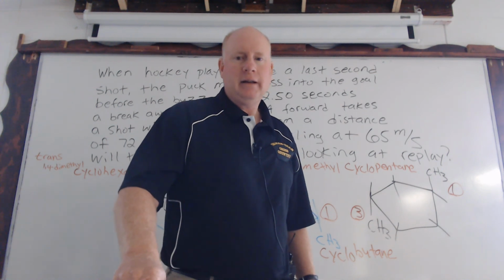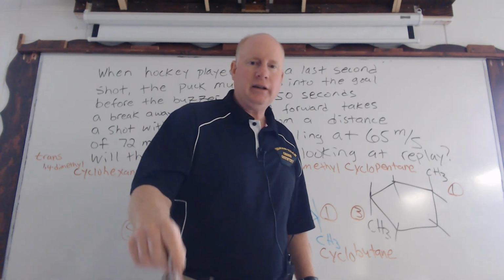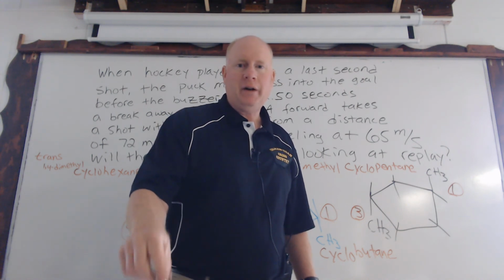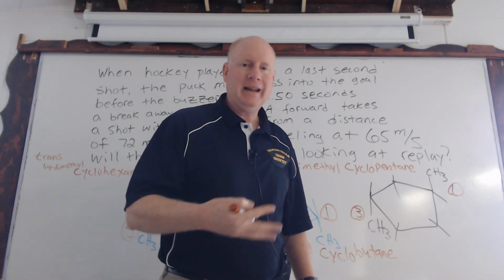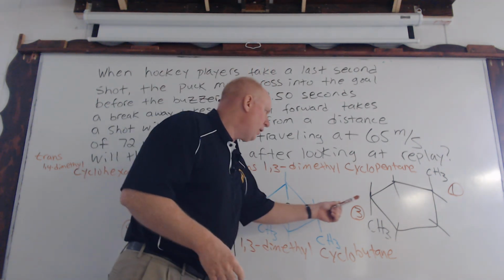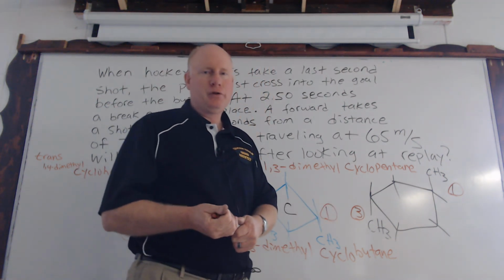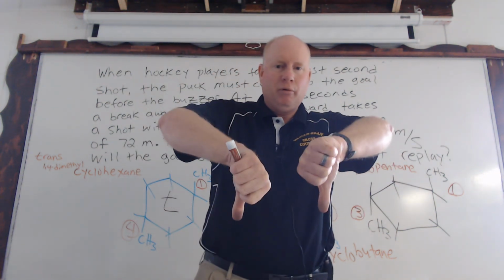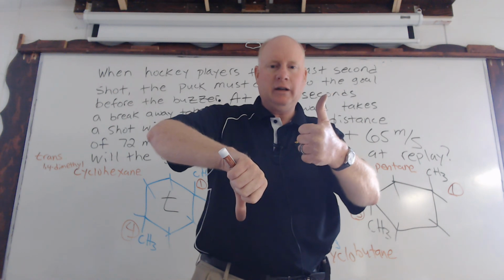Don't forget, the easiest way to do this is take one off of your parent chain, put a methyl group on there. Take two off your parent chain and put an ethyl group on there. And then don't forget, we've got these ring structures and how those derivatives are pointing. Are they pointing in the same direction, both up or both down, or one in either direction?